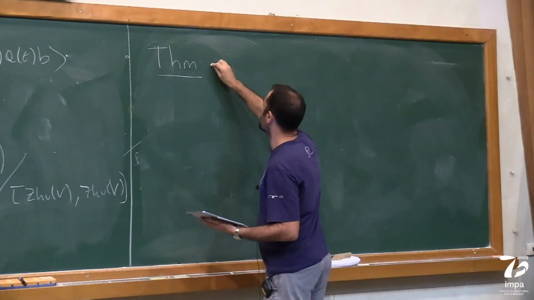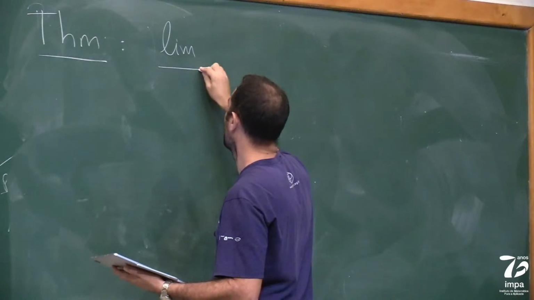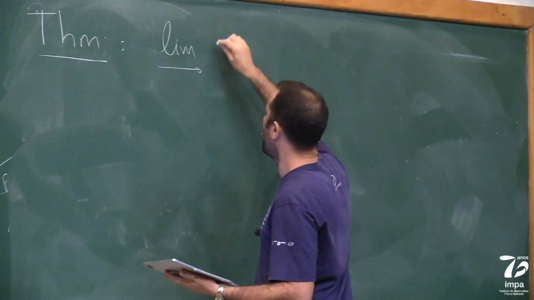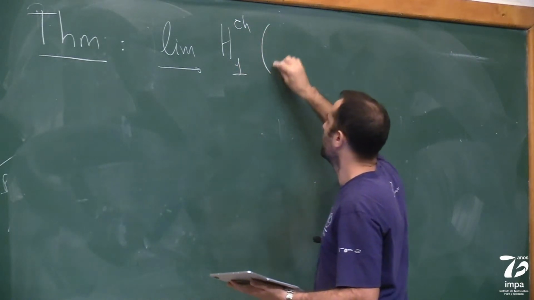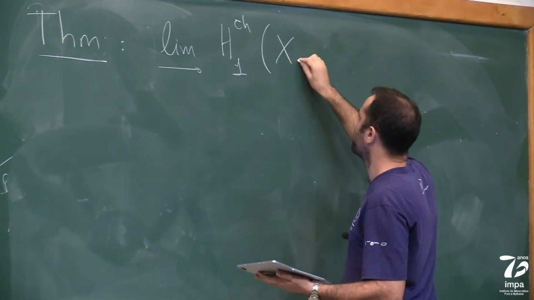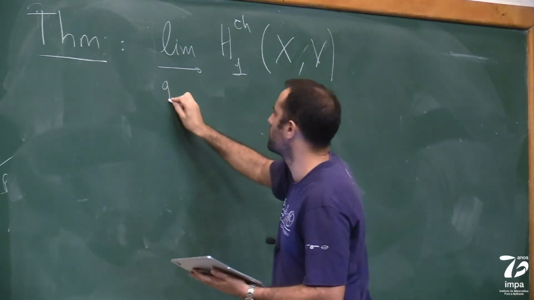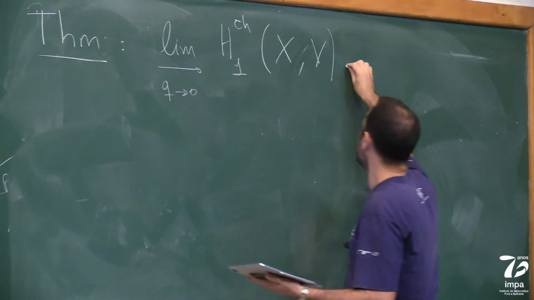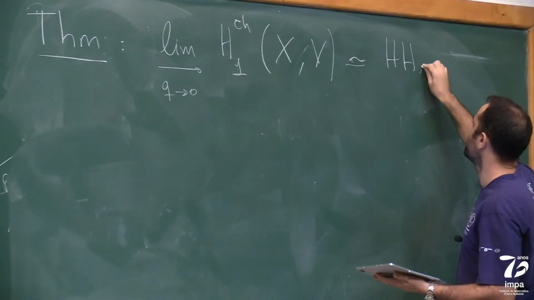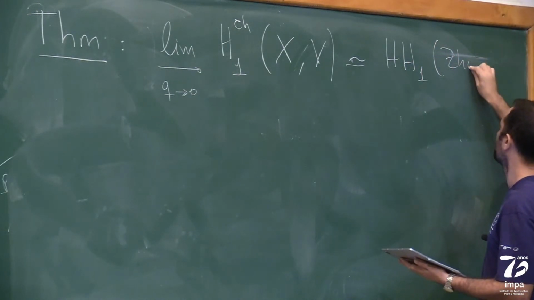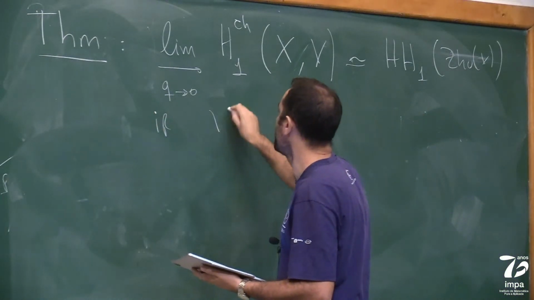So the theorem says that the limit of the chiral homology in degree 1 of an elliptic curve, well, the situation that we are now, as q goes to 0, is isomorphic to Poisson homology in degree 1 of the U algebra if V is classically free.